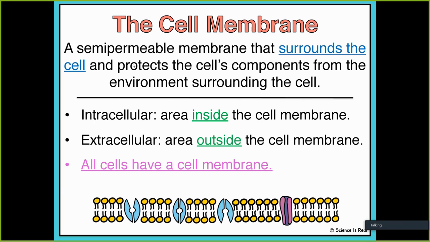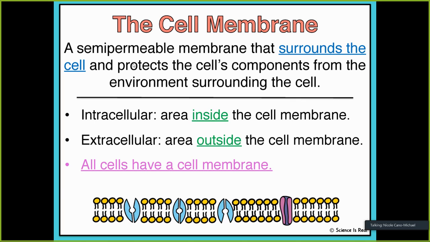So when we talk about anything that is intracellular, we are talking about the space inside the cell. The prefix intra means inside. When we are talking about spaces that are extracellular, we are talking about spaces outside of the cell membrane.